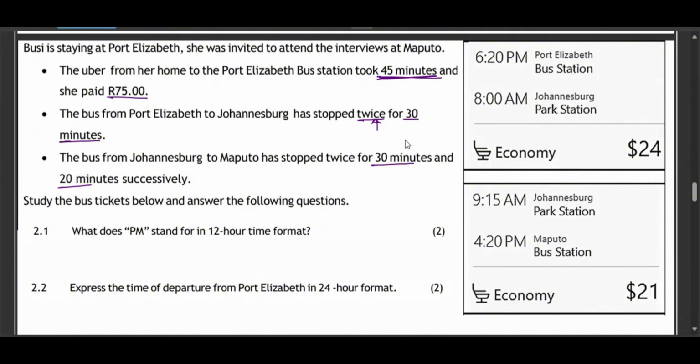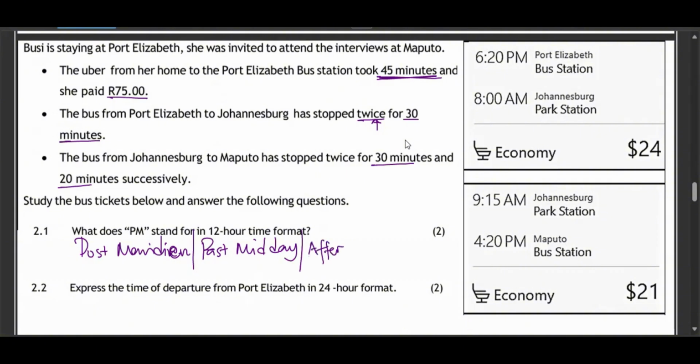2.1. What does PM stand for? PM stands for post meridian. Even if you say past midday, or after, or afternoon, you would get your answer there.